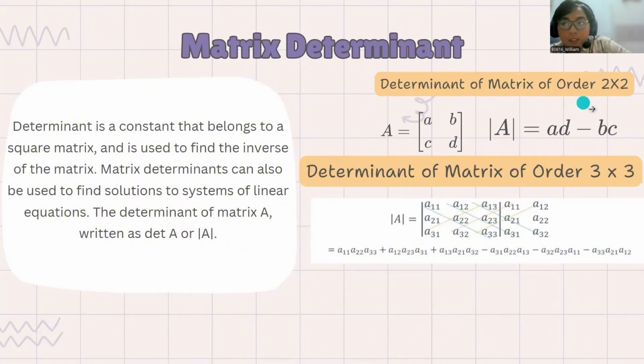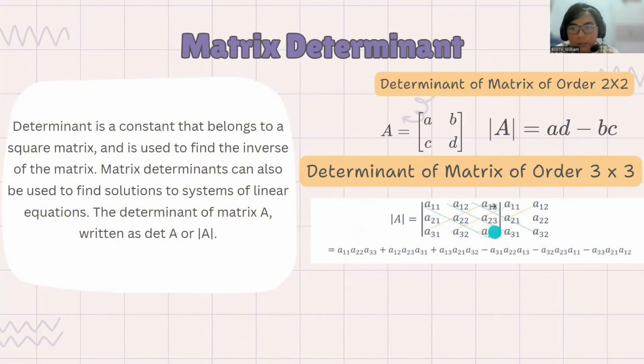The determinant of a matrix of order 2 multiplied by 2, like this, A equals A, B, C, D. This equals AD subtract BC. And the determinant of a matrix of order 3 multiplied by 3 is like this.